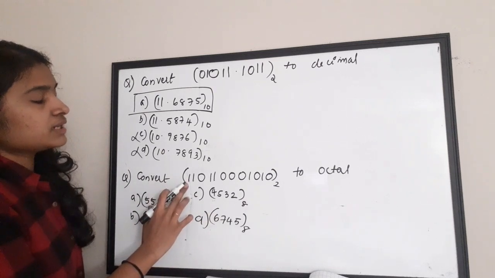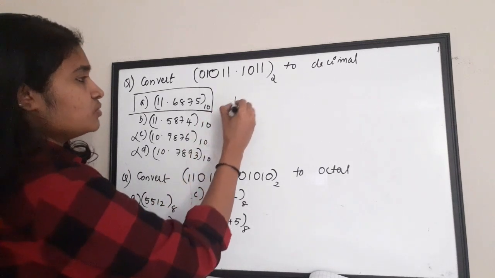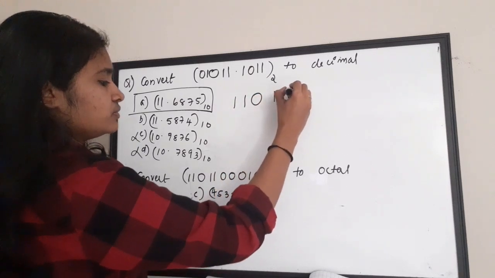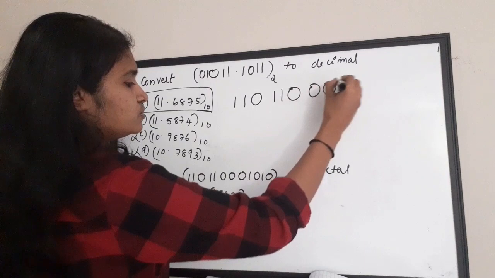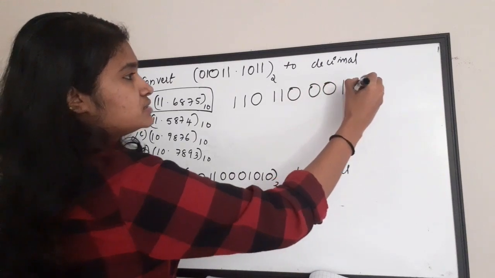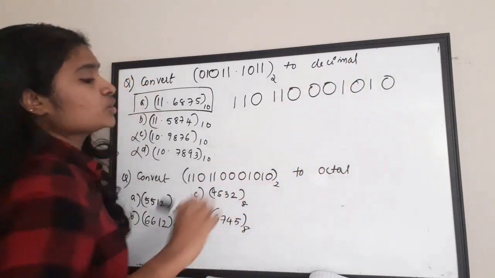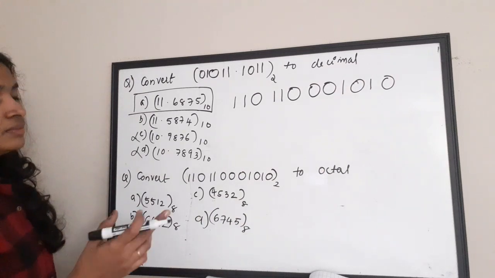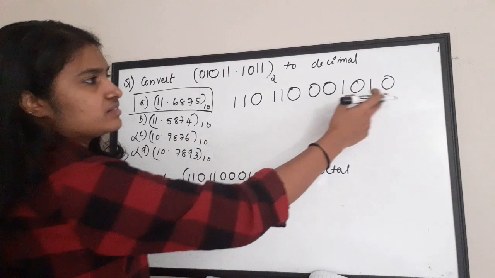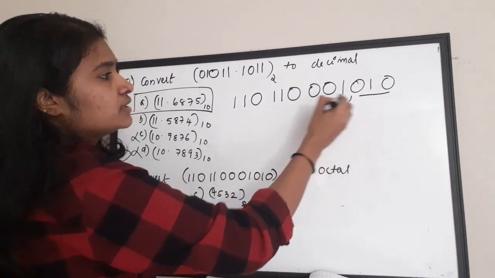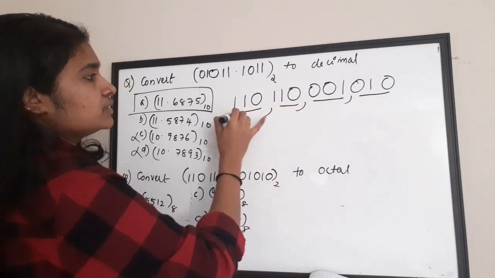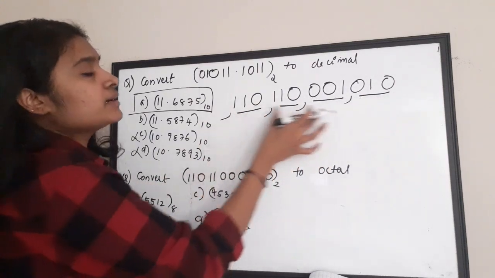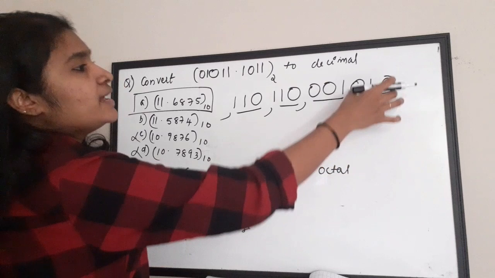Okay, so we are going to convert. I'll write the number here: 110, 110, 001, 010 to octal format. Start pairing the number by 3, 3 each. Just take pairs of 3 numbers and write the corresponding value of these numbers.